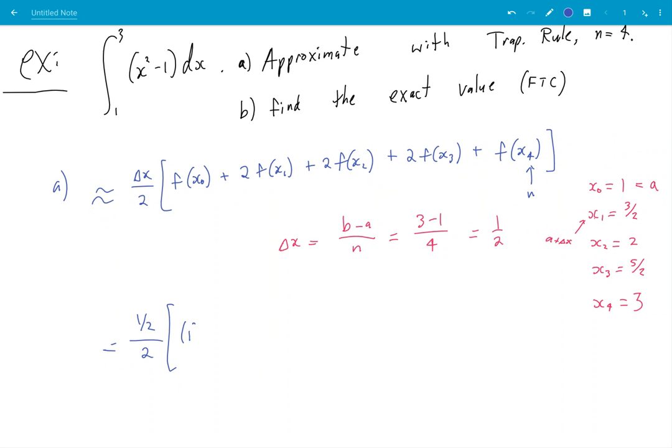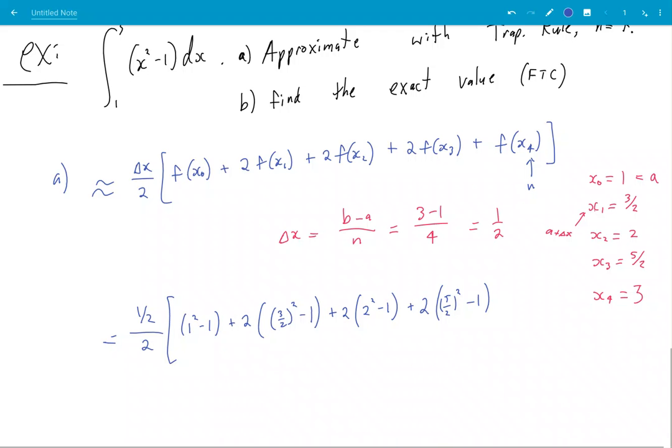So is it 1 squared minus 1? That's my function here. Plus 2 times the next term, and so on, and finally 3 squared minus 1.